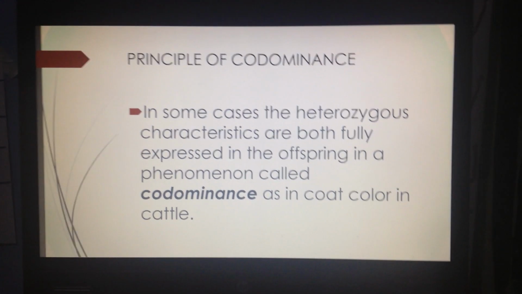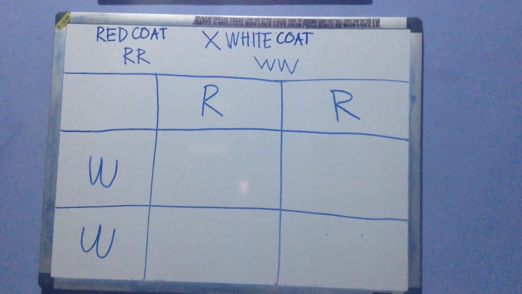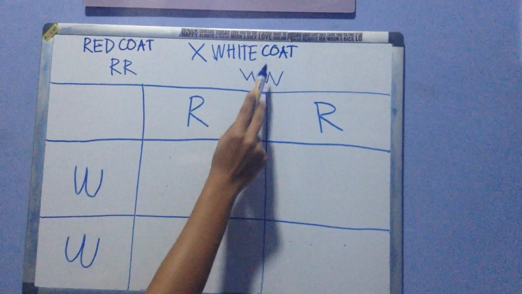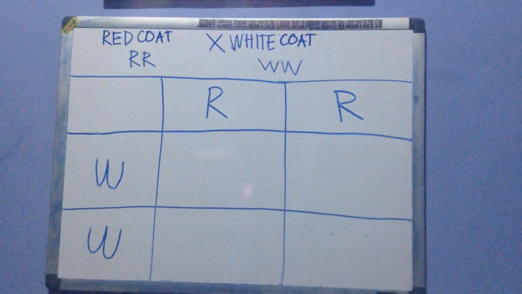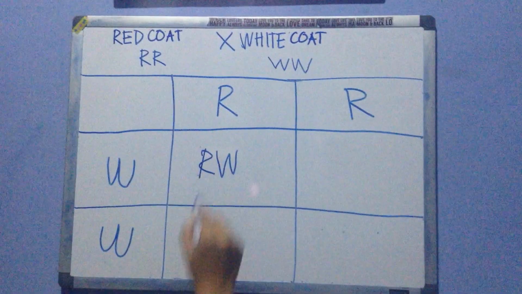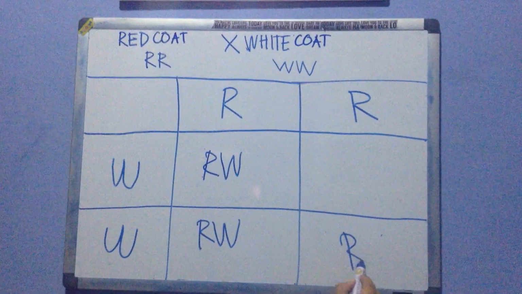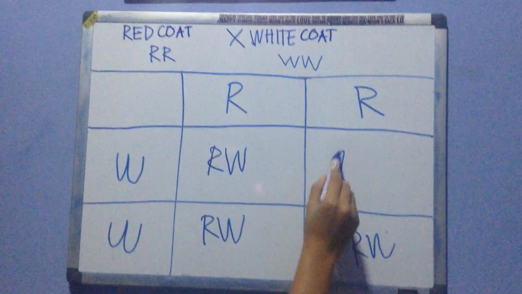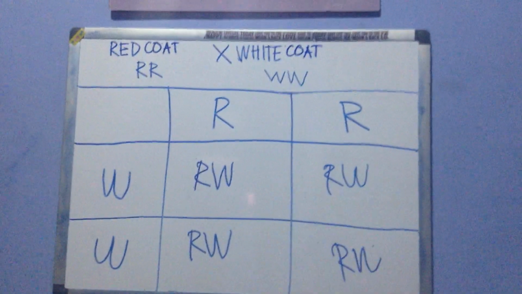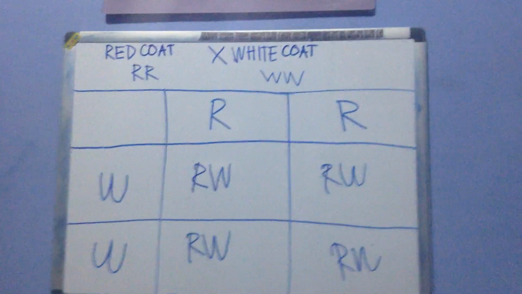Now another example, the same example, I'm just gonna change the red flower into a red coat and the white flower into a white coat. Same procedure, we'll just cross and get the outcome of this. Now the phenotype will be 100% roan coat.